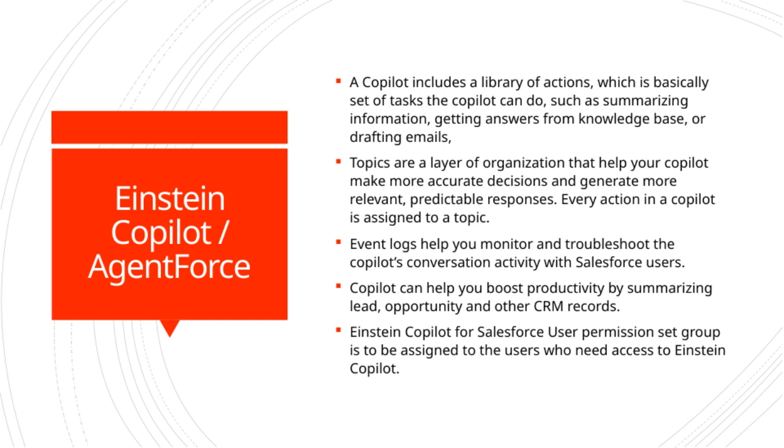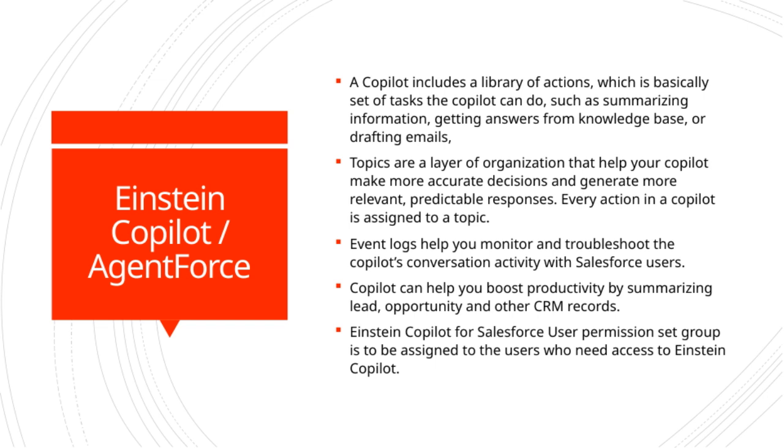Monitoring is also key. Event logs allow you to keep track of the copilot's conversation activity with Salesforce users. This helps you troubleshoot issues and understand how the copilot is interacting within your system. Additionally, the copilot can boost your productivity by summarizing important CRM records like leads and opportunities, giving you quick insights without the need to sift through all the details manually.